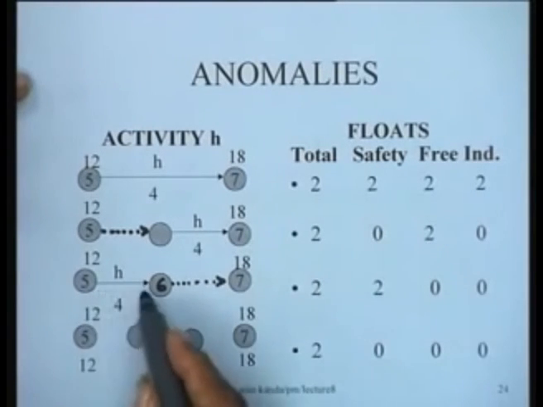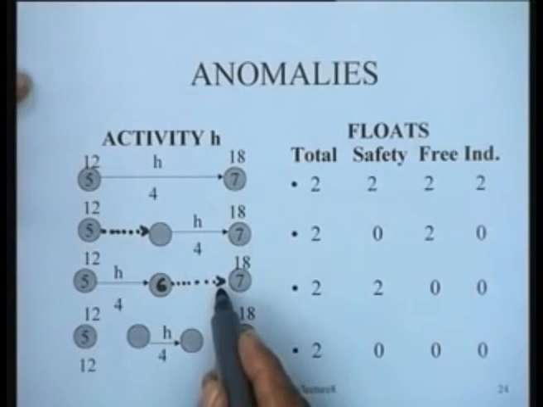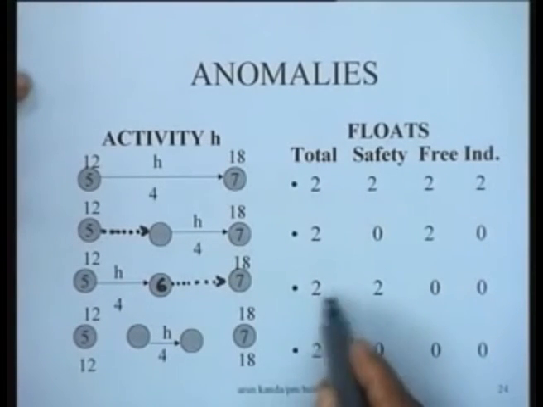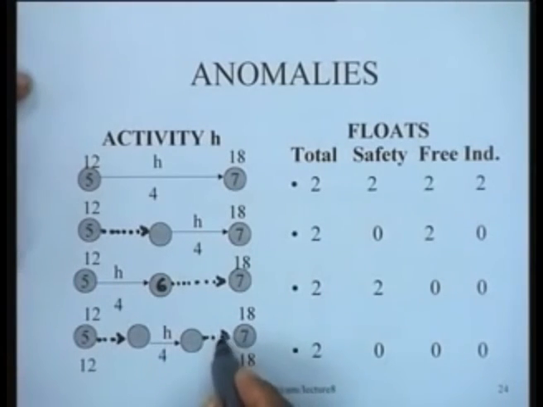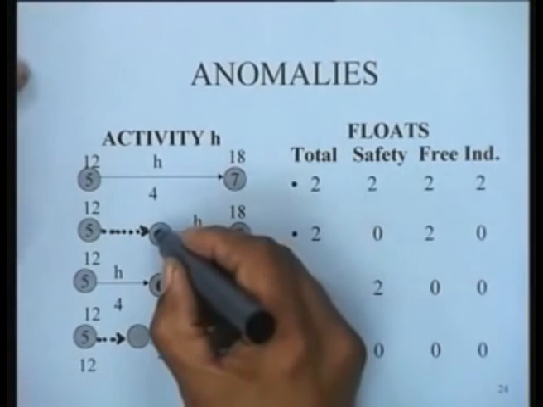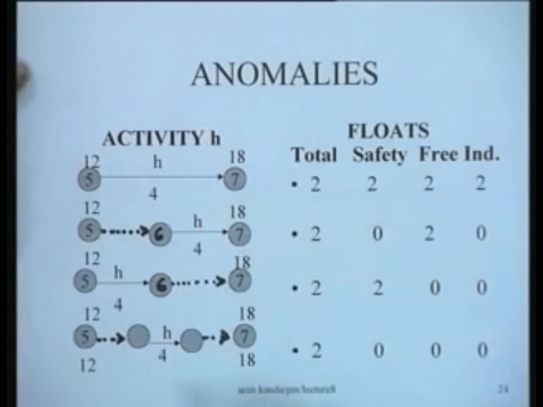On the other hand, if H is succeeded by a dummy in this manner, then it will be 2, 2, 0, 0. And if H is preceded and succeeded by a dummy in this particular fashion, then you would have a situation where it would have only total float and not any of the other kinds of floats.